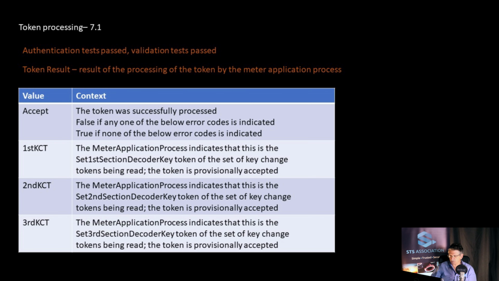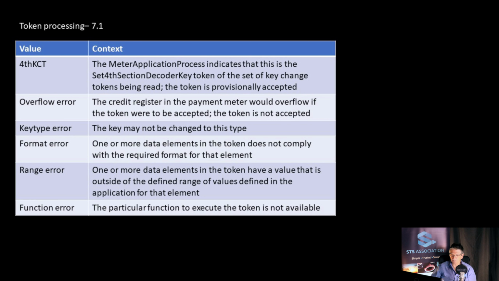The meter application process indicates that this is a set first section decoder key. Then the token is provisionally accepted only. Second KCT can come up if it's the second token of a key change set, and this token is also provisionally accepted, and also for the third KCT and the fourth KCT.